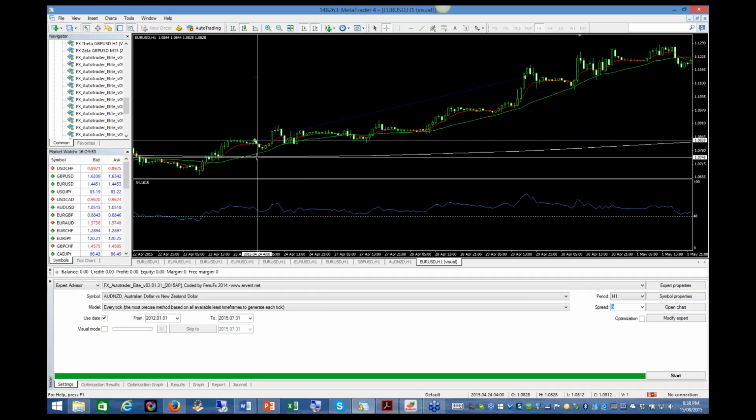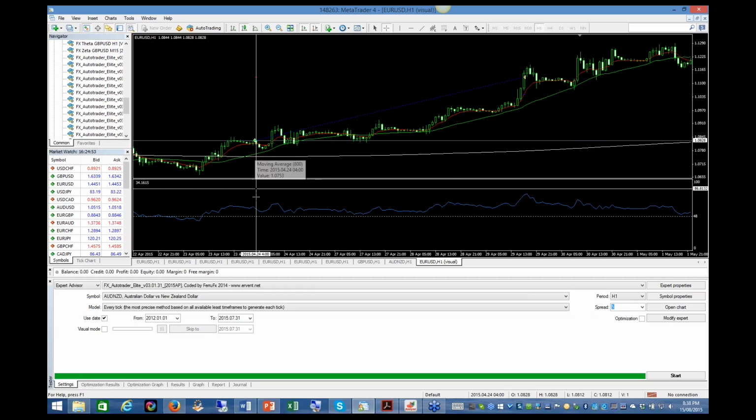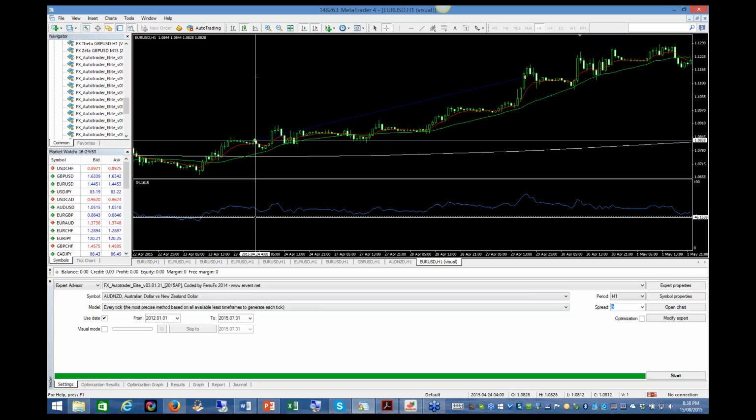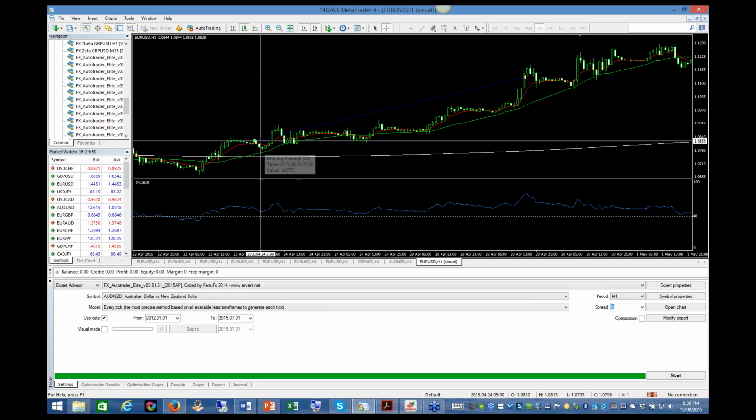As you can see, we've just crossed the 200 SMA on the 4-hour chart, or the 800 SMA on the 1-hour chart. Our RSI is above 48, and the red is above the green, and we've actually taken a 293 pip profit on that trade.